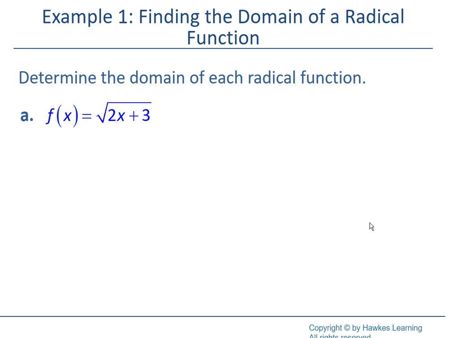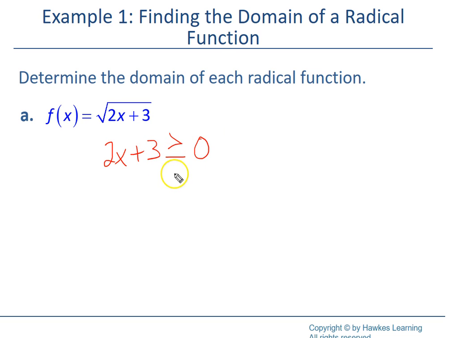Okay, so here they're saying it is a function, and they want you to determine the domain of this. So again, you're taking some notes and writing these examples up, and the rule is you take the radicand and say it has to be greater or equal to 0.